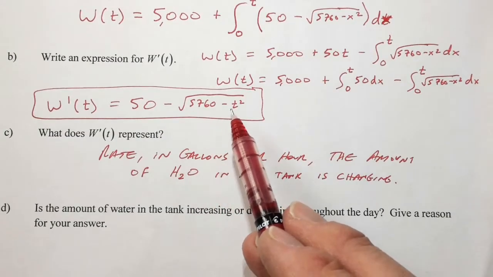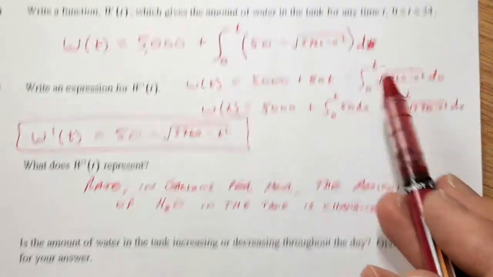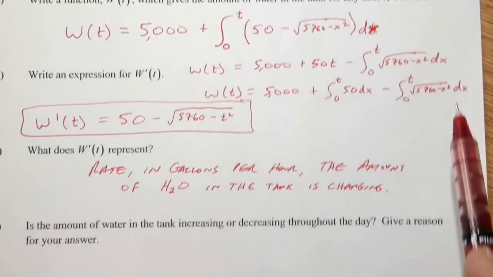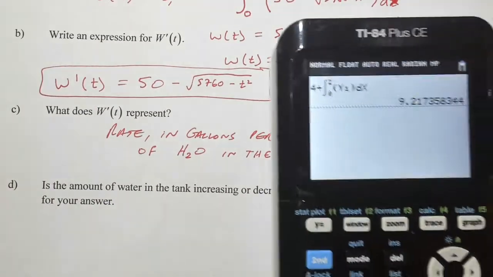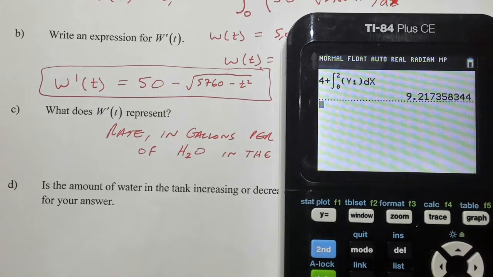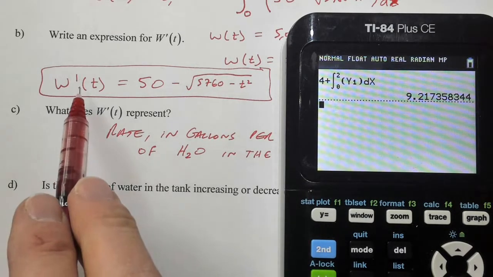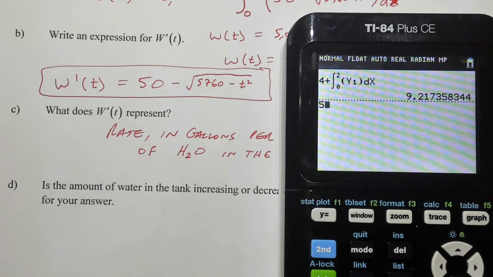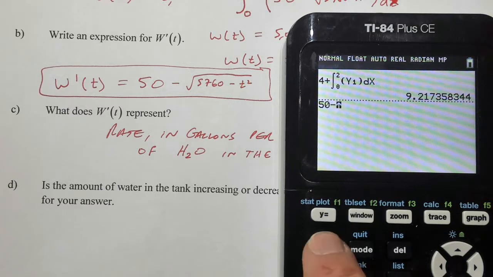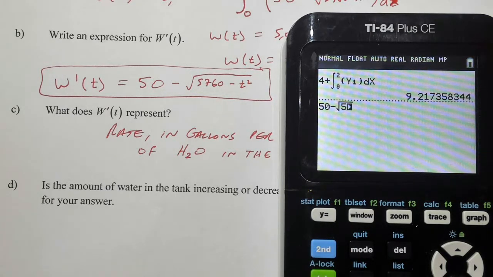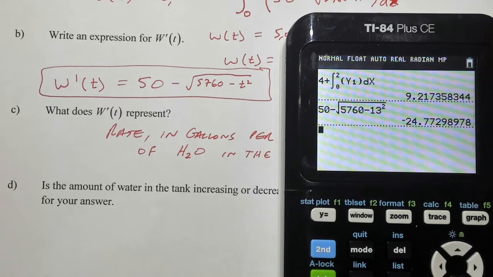And let's find out if it's positive or negative. So pick your favorite number between 0 and 24. I'm going to pick 13, and let's put that into the calculator. So we're looking for w prime of 13. That would be 50 minus the square root of 5760 minus 13 squared. And when we hit enter, we see that that value is negative.